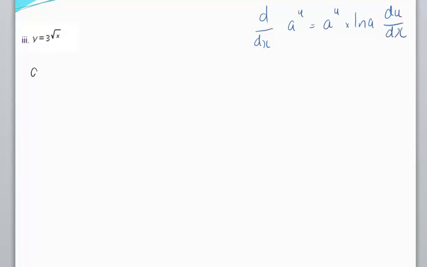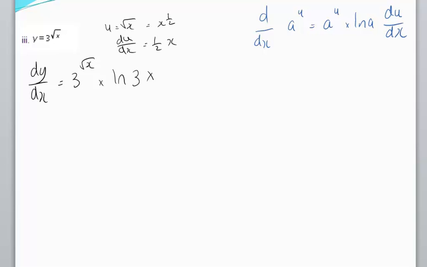So we go through, so dy on dx here, a to the u, so it will be 3 to the power of root x multiplied by our natural logarithm of a, which is 3, multiplied by du on dx, and we say, well, u is equal to root x, or x to the power of a half. du on dx is equal to a half x to the minus a half here, or becomes 1 over 2 root x.